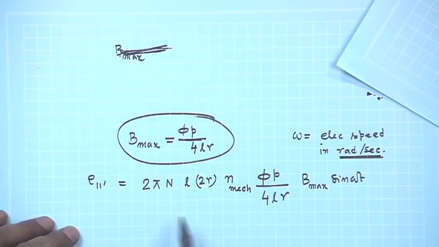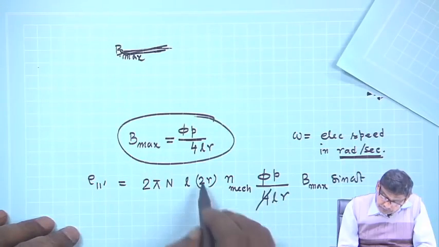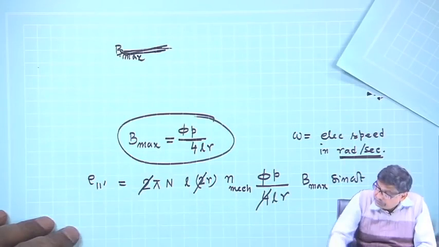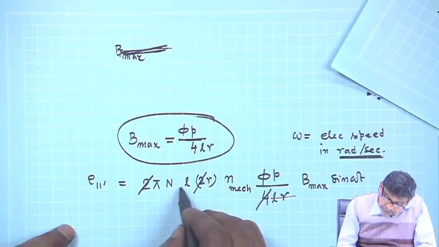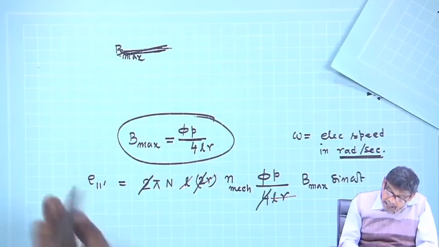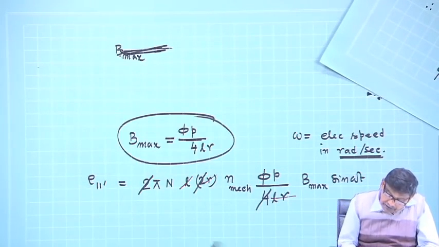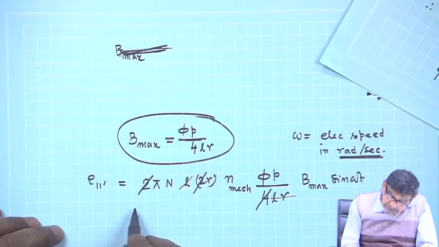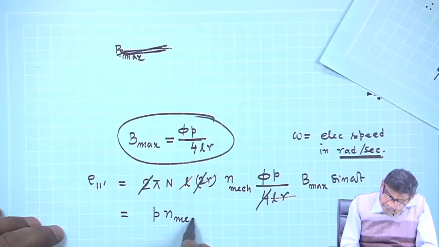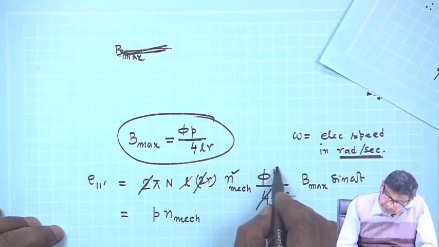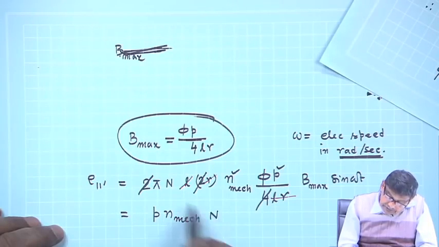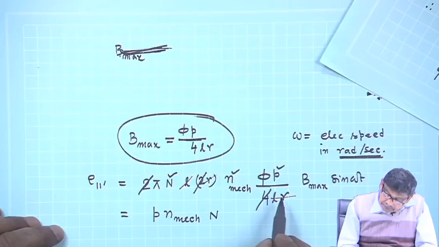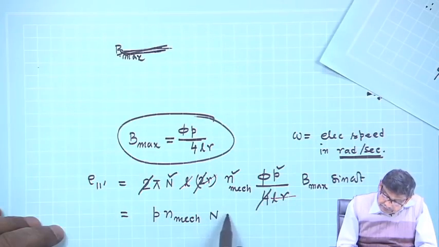If you look at it carefully, this 4 goes, 2 to 4 goes, and also L R goes, and you will be left with P n mechanical, that is this term, into capital N, this term, and phi.